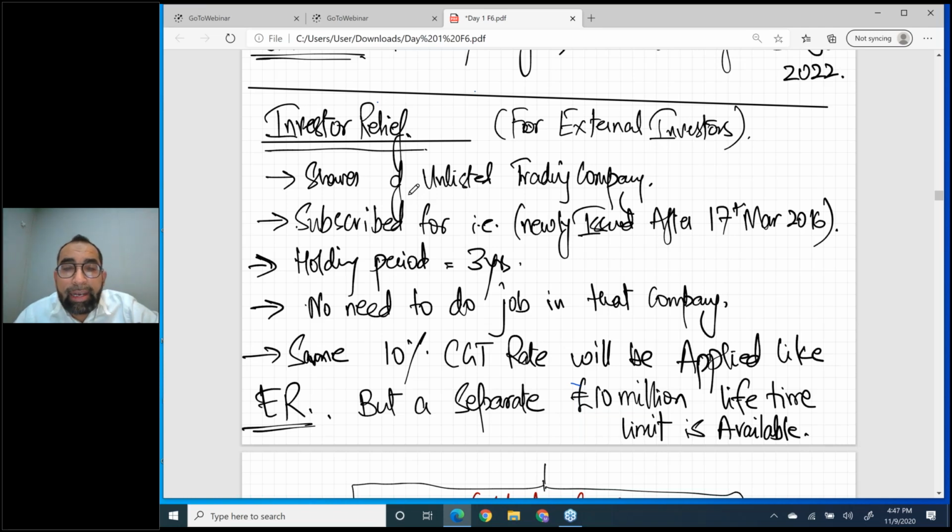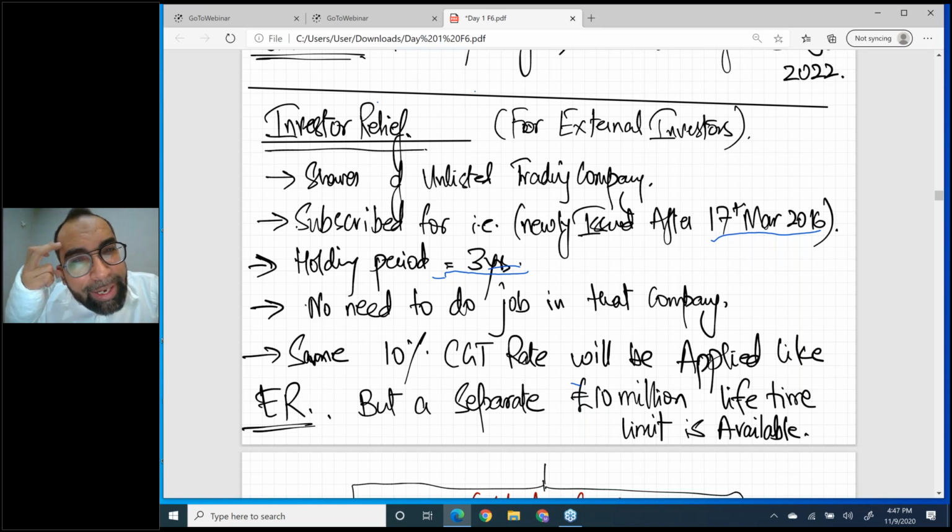And you must hold those shares 3 years after 17th March 2016. No matter if you bought before 17th March 2016, it's not an issue, but you have to hold these shares 3 years after this 17th March 2016.